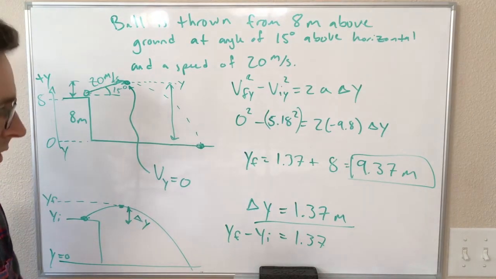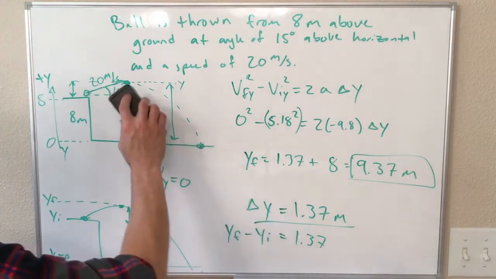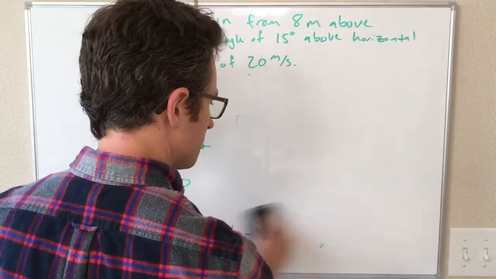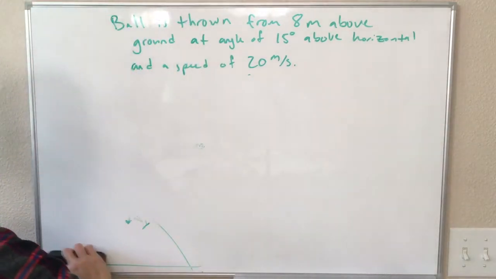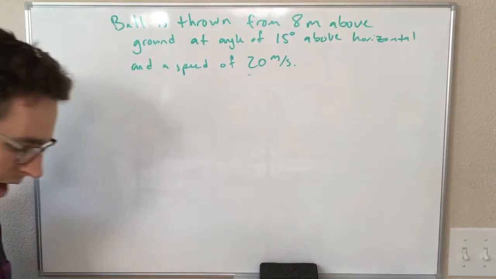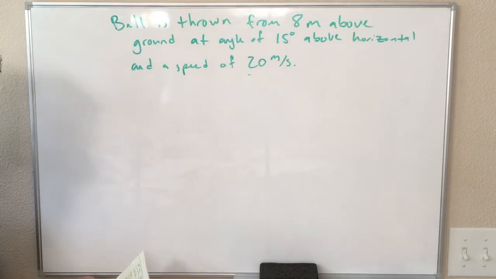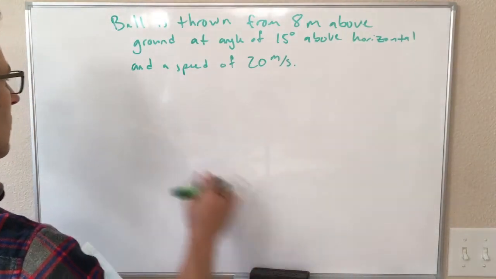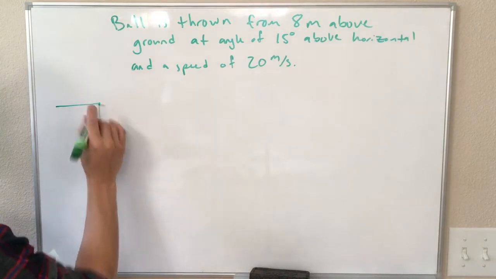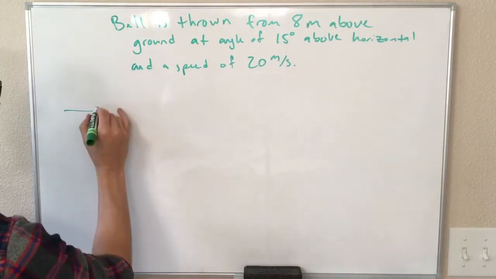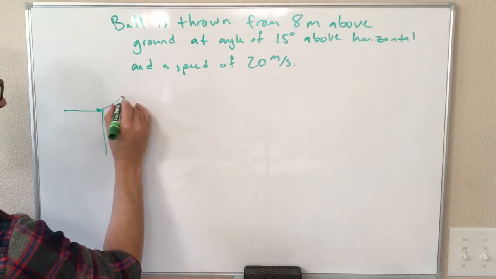Okay, so now I'm going to erase everything here because this is getting messy. Part B asks for how far does it go in the x direction before it hits the ground. So for this, my initial position is the same, right?